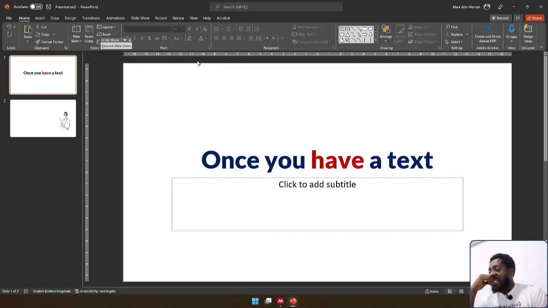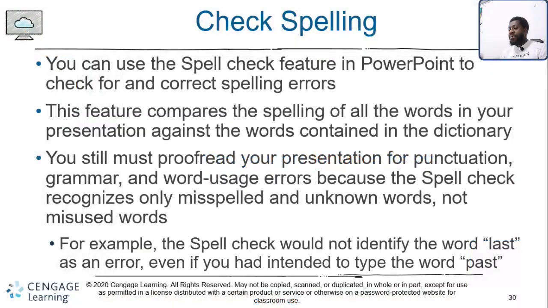Okay, so when we talk about spell check, we literally are referring to your ability to correct wrongly spelled content in your presentation, and it all counts depending on the platform on which the presentation is being organized.